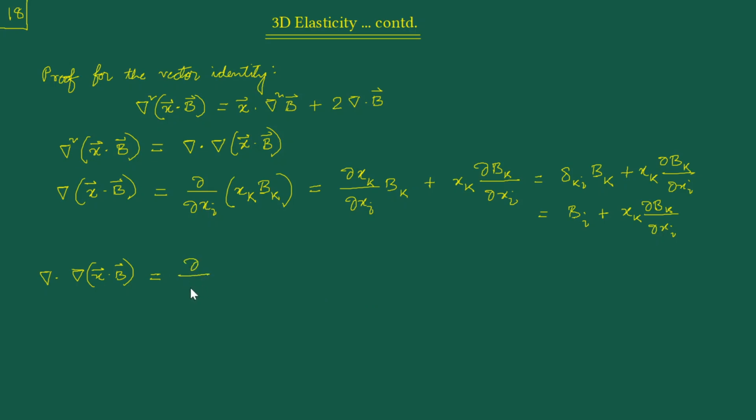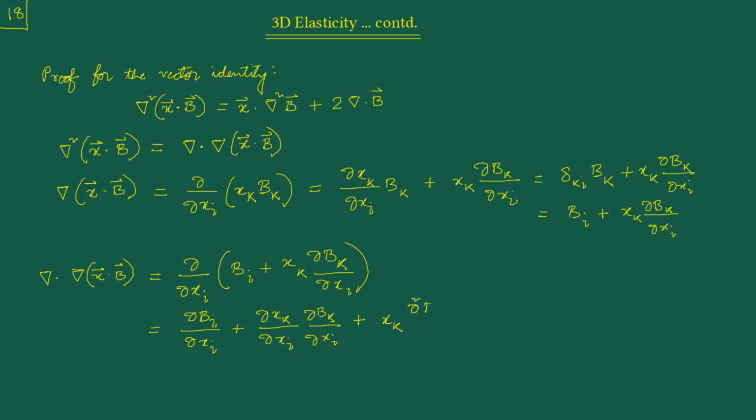This will be del xi of bi plus xk del bk del xi, and you note that this is just del bi del xi plus del xk del xi del bk del xi plus xk del square bk del xi square.